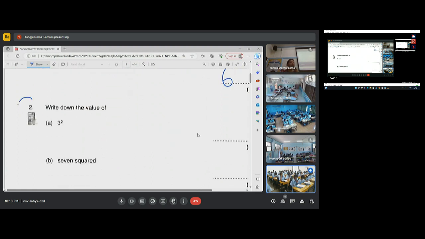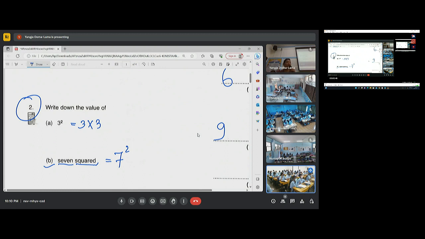Read question number 2. Write down the value of 3 square. Yes, 3 times 3, which is 9. Can you read B? What is this? 7 squared means write in the numeral first. 7 square.